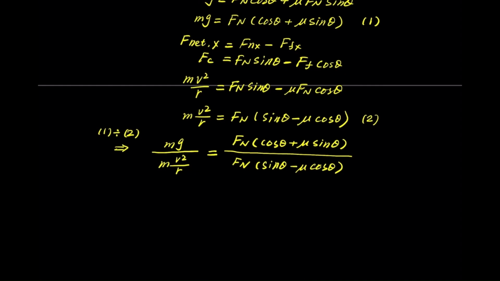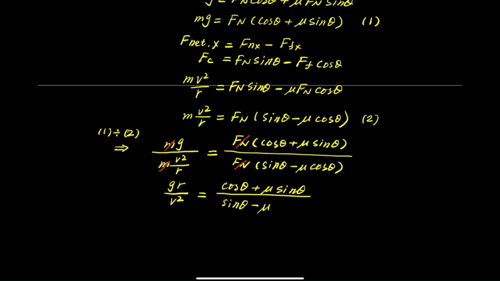By doing this, we can eliminate Fn and the mass m. After simplifying the left side, we have g multiplied by r over v squared equals cosine theta plus mu sine theta over sine theta minus mu cosine theta. The final step is just to plug in all the values so we can solve for the coefficient of friction mu.